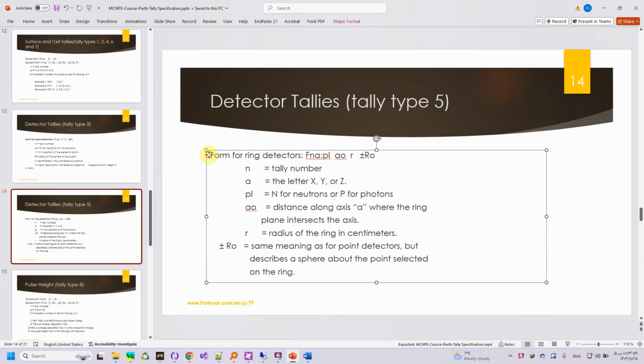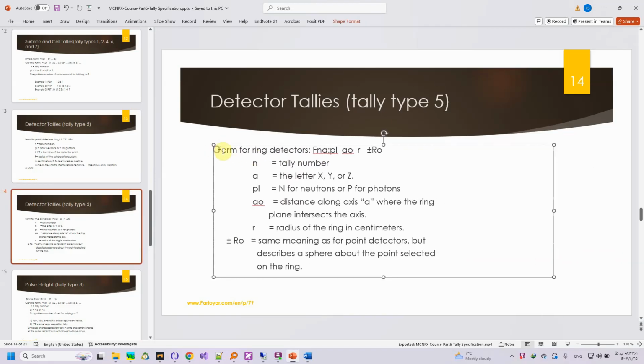we have the ring detector, FnA, and the tally number, A, the letter. It means that we want to place the detector over the X, Y, or Z axis.